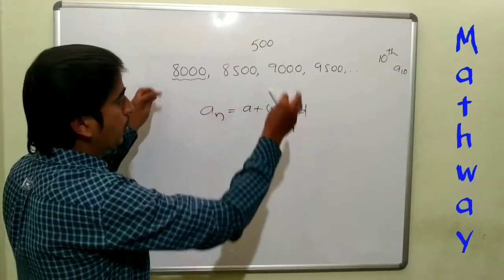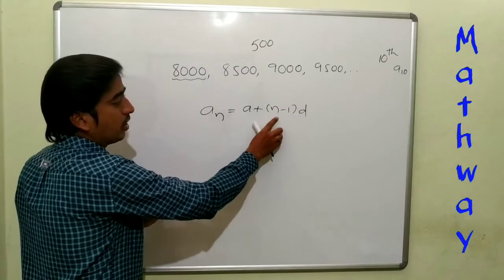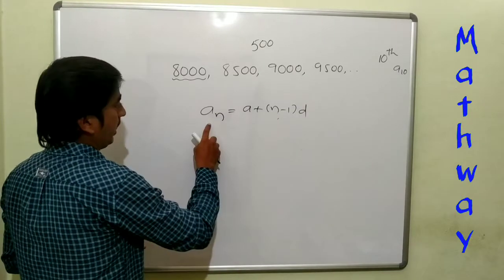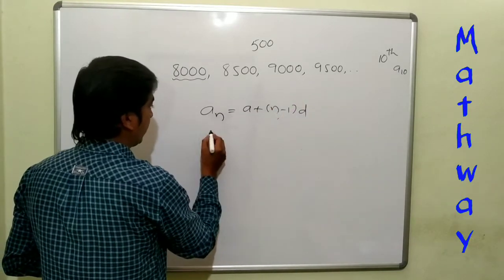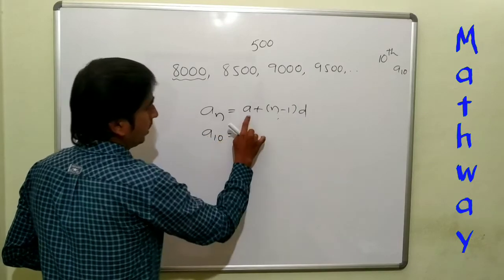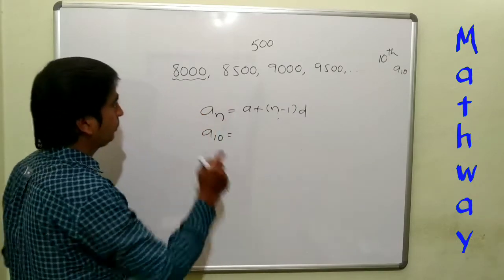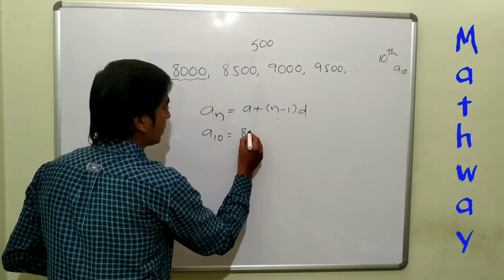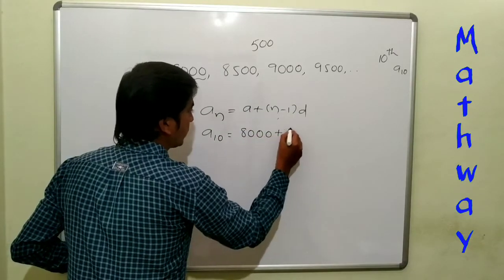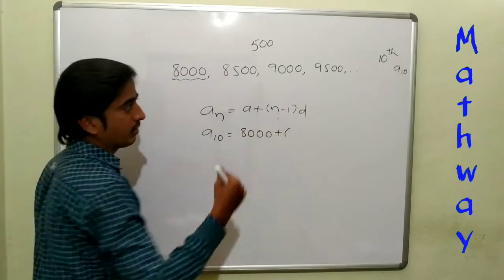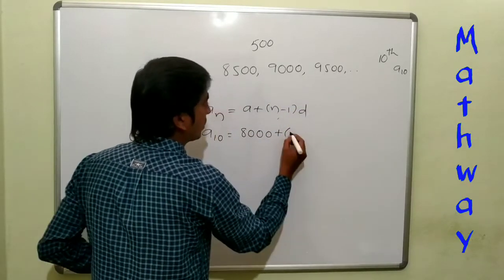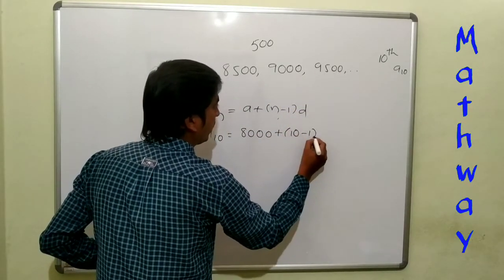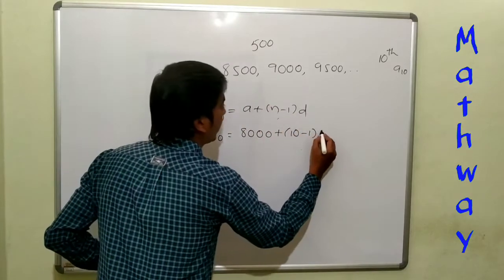Let us substitute all these values in this formula and see what the salary would be after 10 years. a_10 equals a, the first term, which is 8,000, plus n, the number of terms. How many years are we finding for? 10 years. So n value is 10, minus 1, into d, which is 500 rupees.